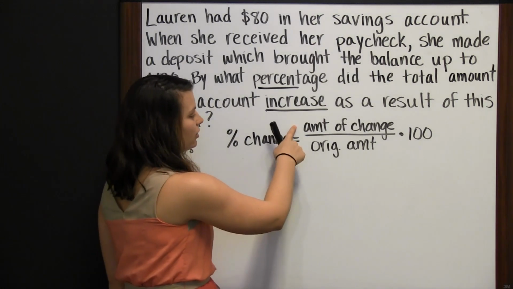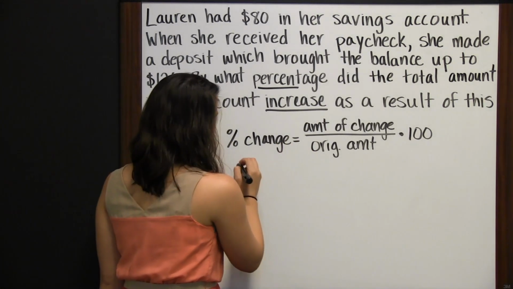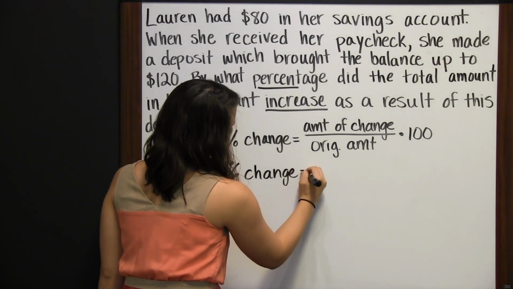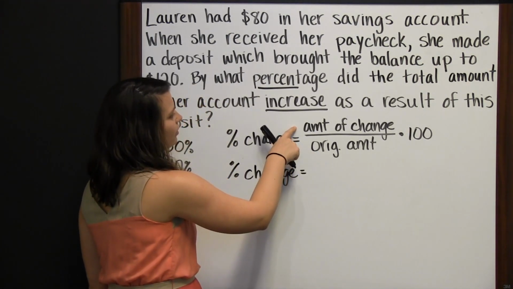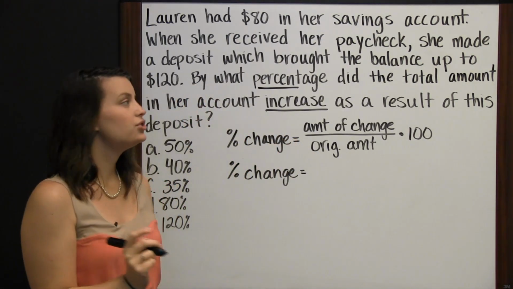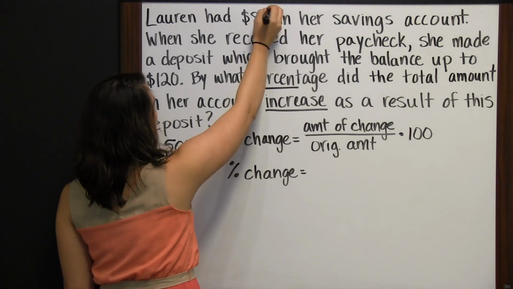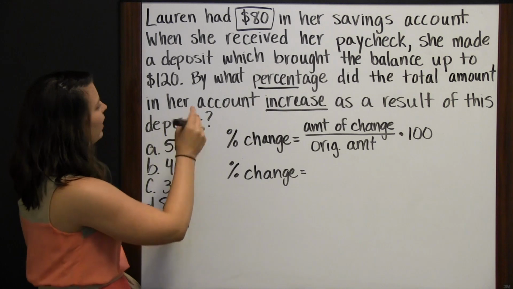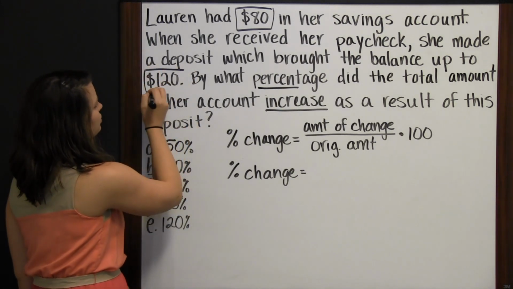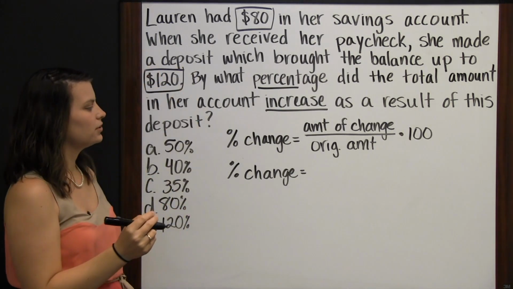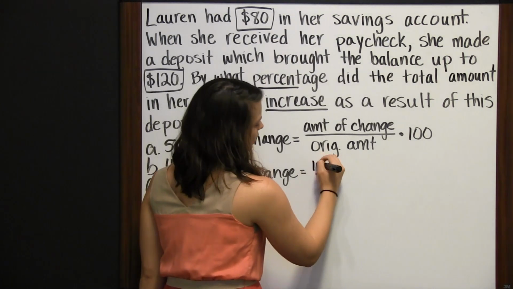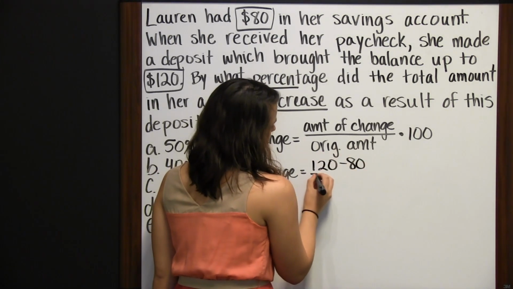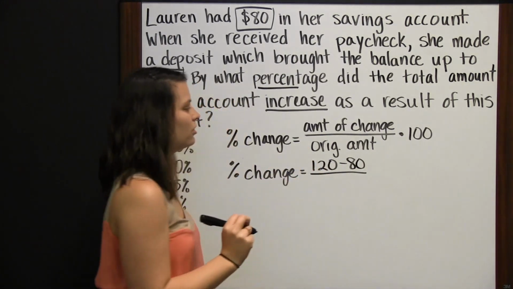So first we need to find our amount of change. The amount of change is found by subtracting the 2 amounts. So she started at $80 and her balance went up to $120. So the change is 120 minus 80, divided by the original amount.